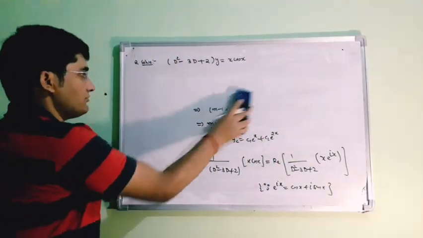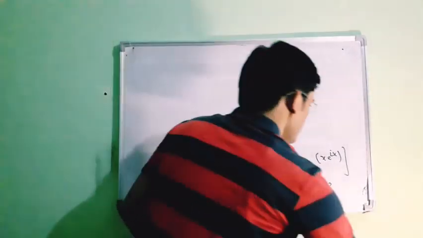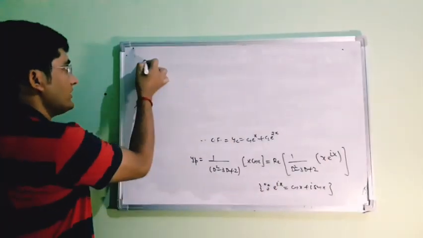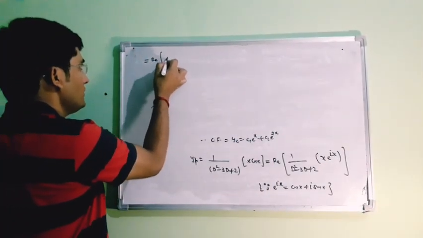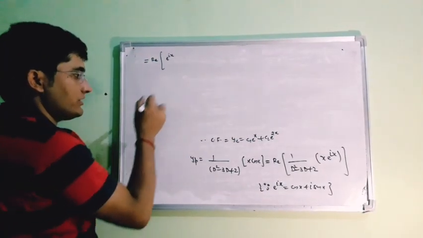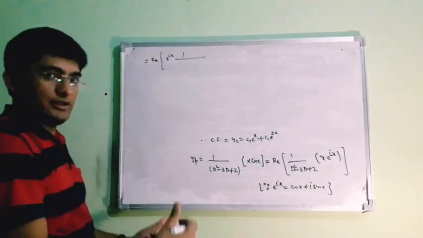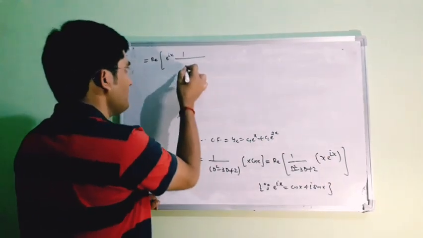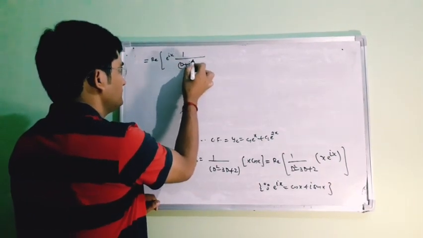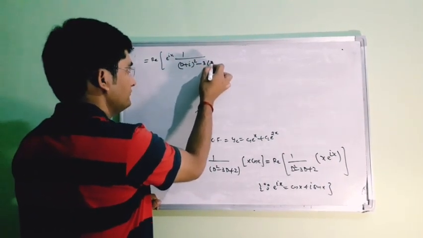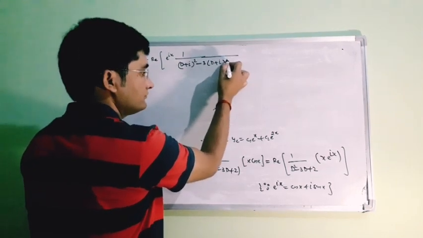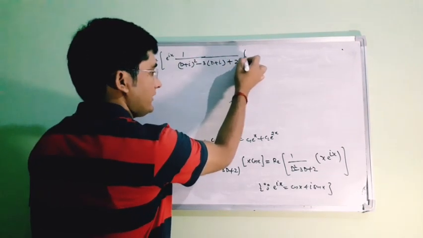Now use the formula number first to take this e to power ix outside. If you take e to power ix outside, then our d will be replaced by d plus a, and for a we have i, and in the bracket we will have x.